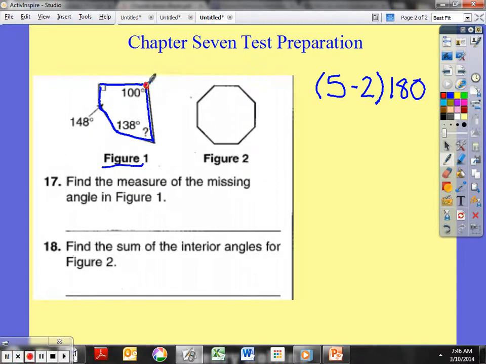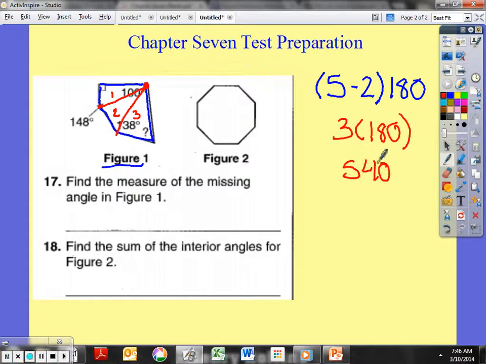Here's my vertex. Remember, non-adjacent diagonals. So there's 1, 2, 3 triangles. So I have 5 minus 2, which gives me 3. 3 times 180 gives me 540.